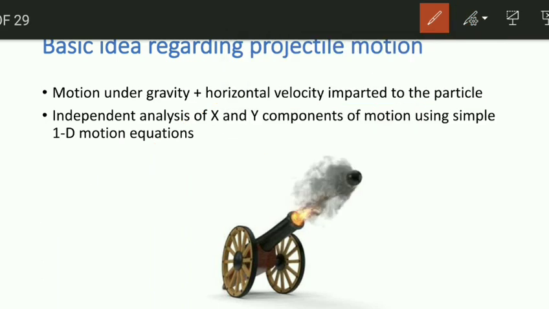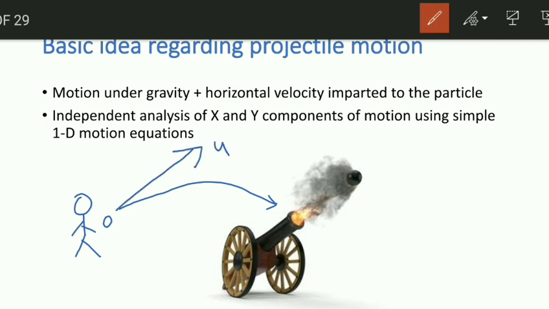Also, suppose you want to throw a stone somewhere. You are definitely going to project it at something like 45 degrees with the horizontal, then it will go like this.